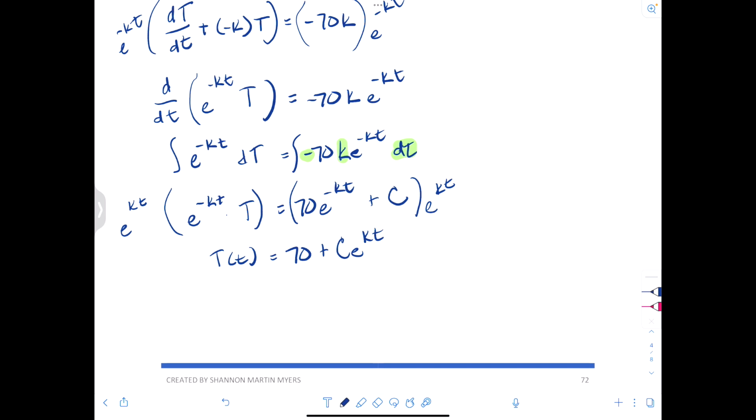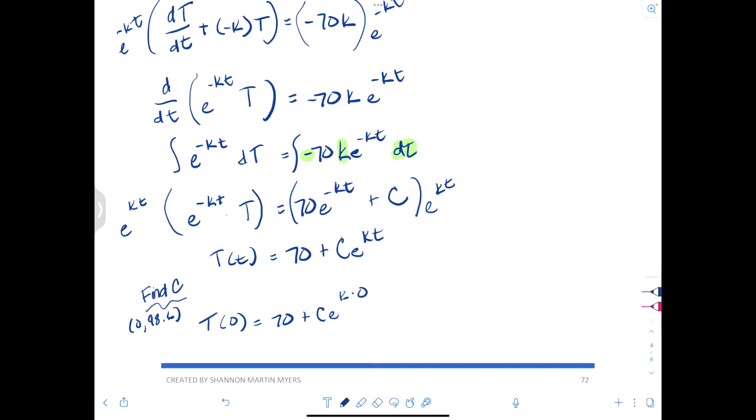So to find C for this one, it's a little easier because we have the ordered pair 0, 98.6. So T at 0 will be 70 plus Ce to the k times 0.